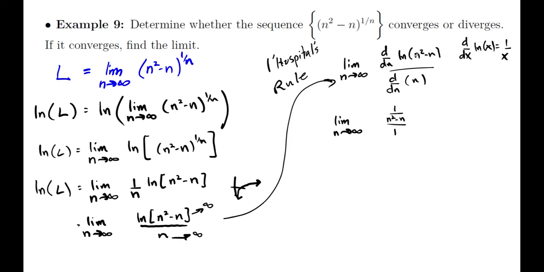But anytime the stuff in there is complicated, we have to multiply by the derivative of the inside, so the derivative of n squared minus n. So that means we're taking the limit as n goes to infinity of 2n minus 1 over n squared minus n.